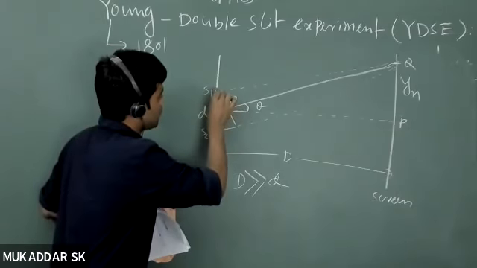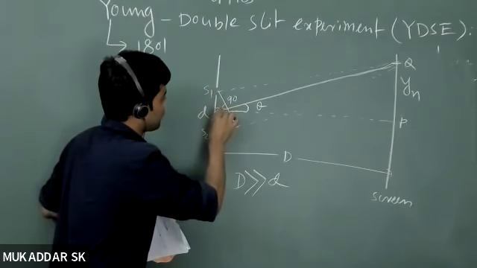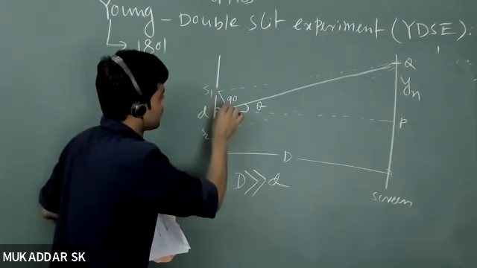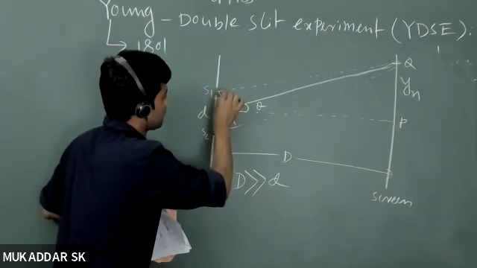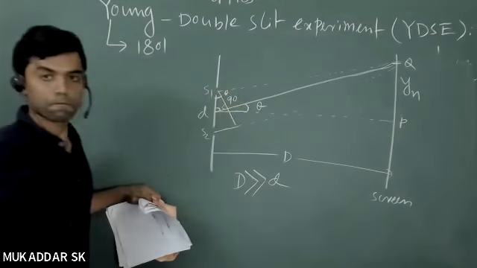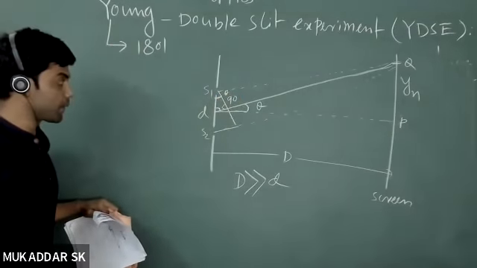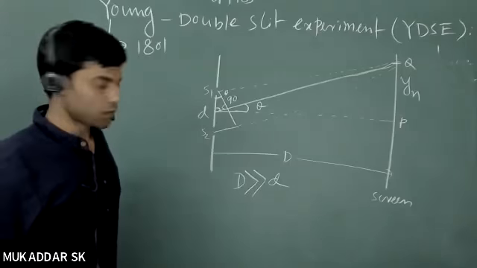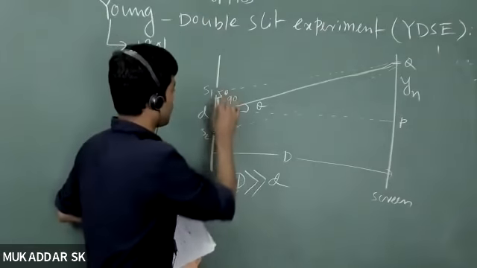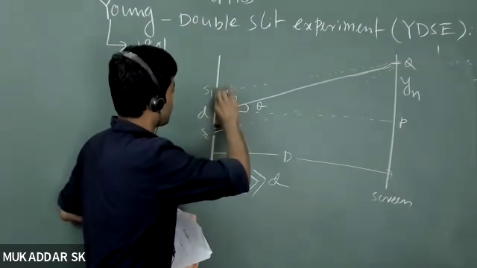So if you assume this is your triangle, with this 90 and this 90 minus theta, obviously this will be your theta. Did you get what I'm saying? So this is theta and this is your D, right?